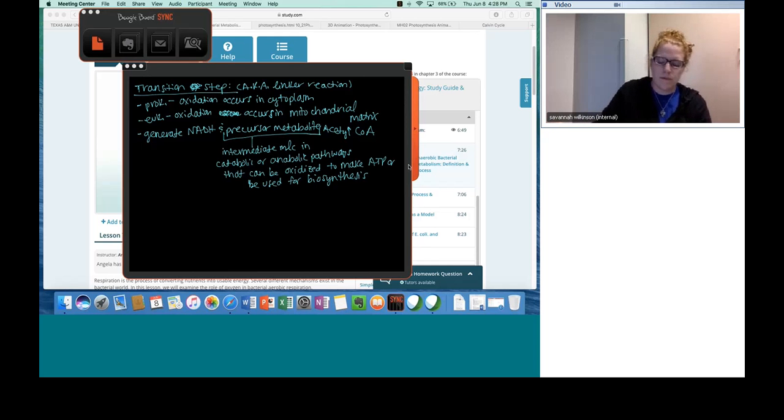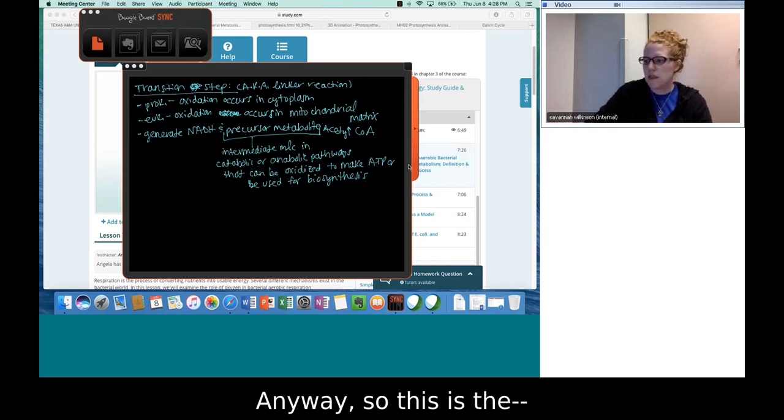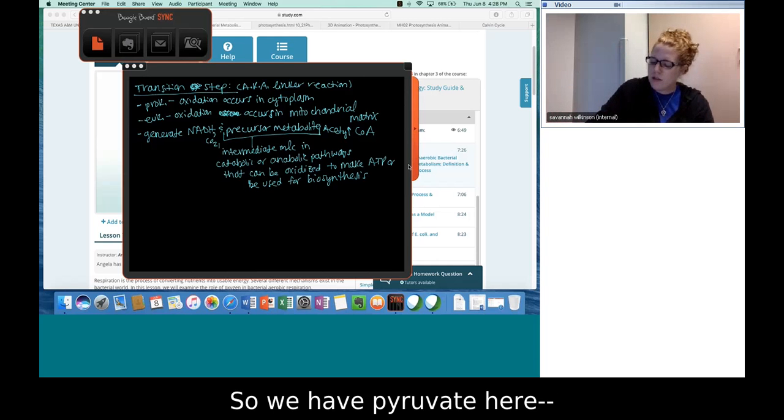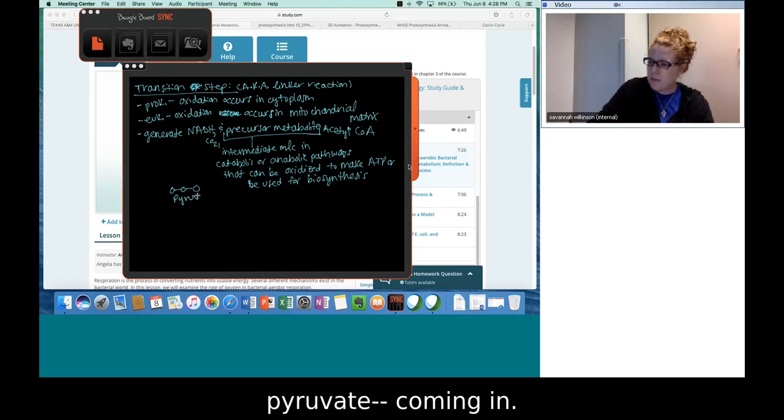Okay. Anyway, you also generate CO2. So you generate NADH, CO2, and acetyl-CoA. So we have pyruvate here, right? Pyruvate coming in.